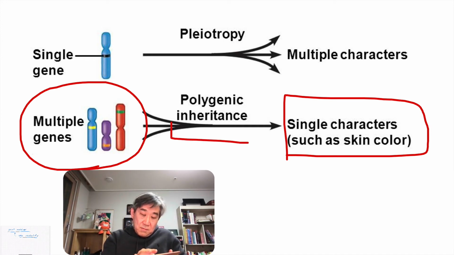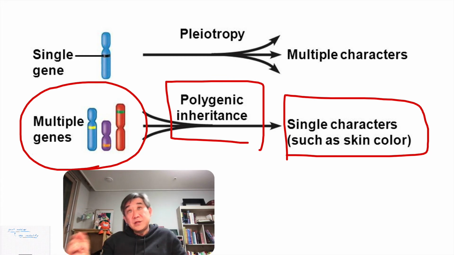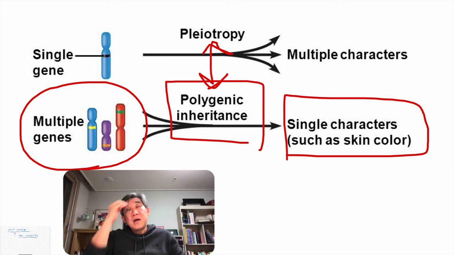We call that polygenic inheritance. This is totally contrasting. I wouldn't say it is the opposite, but these are quite contrasting examples: one gene having multiple influences, and the other a single characteristic influenced by many genes.